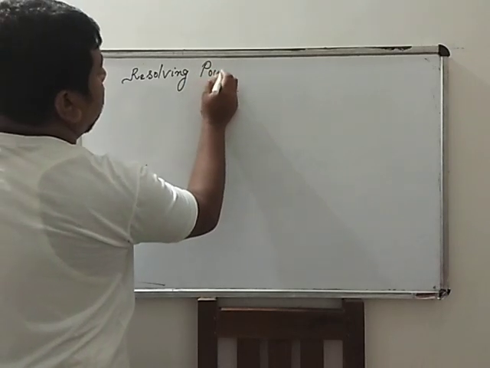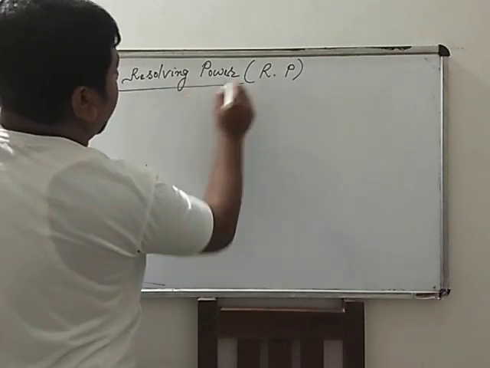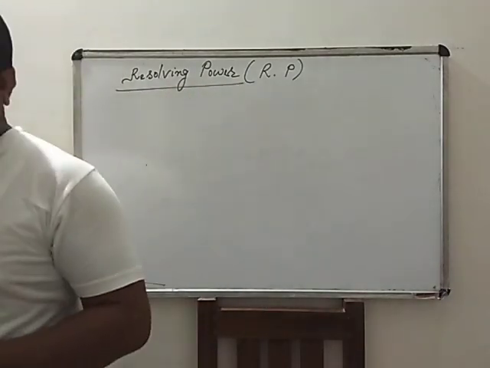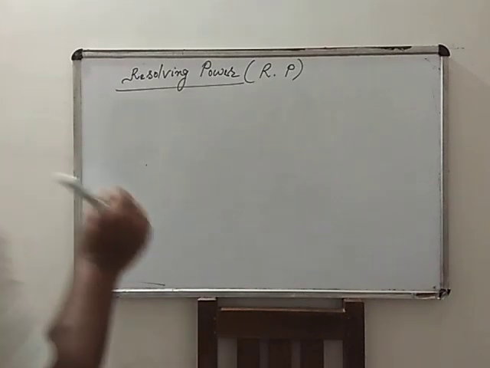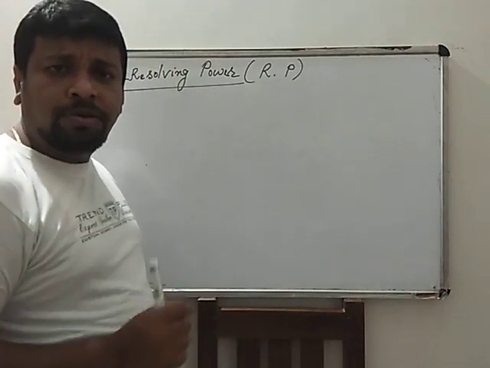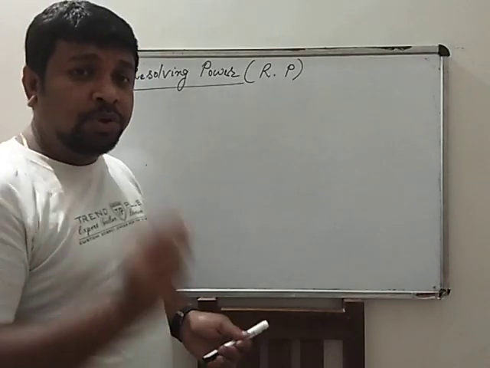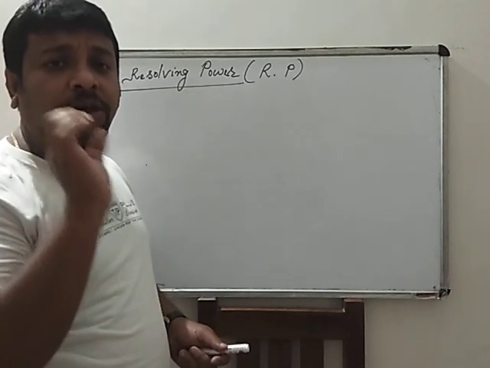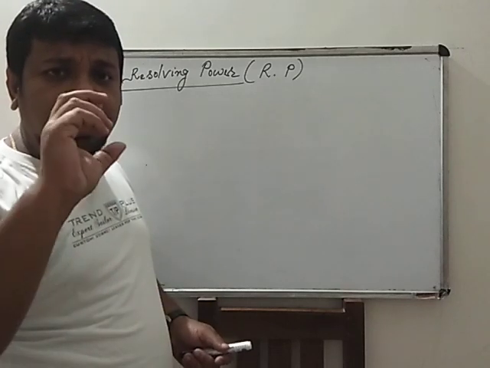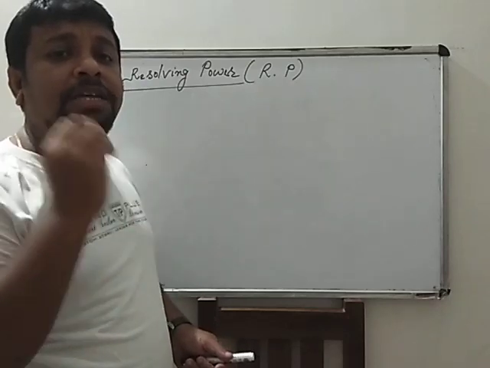Resolving power, RP. What is resolving power? Resolving power is the ability of a lens to focus two closely distant objects distinctly and separately by an optical instrument.